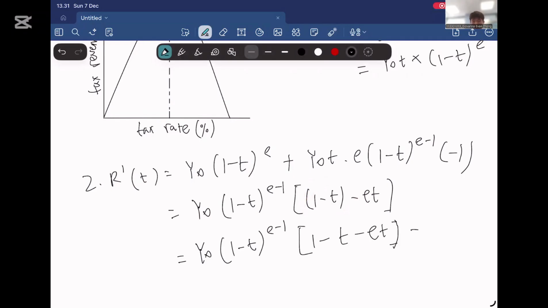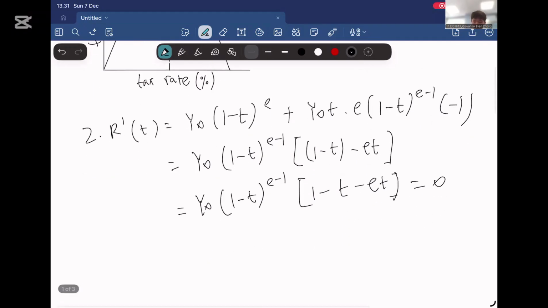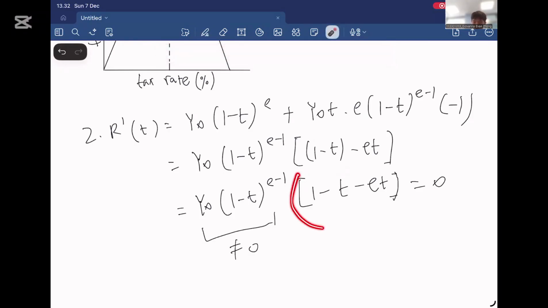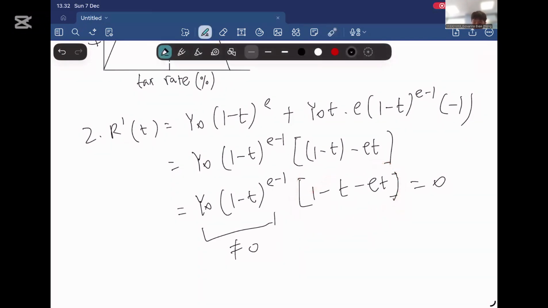equals 0. Since (1 - T) to the power of E minus 1 cannot be equal to 0, I'm just going to use this equation only. So like this, 1 - T - ET equals 0. Let's move the minus T minus ET to the right.